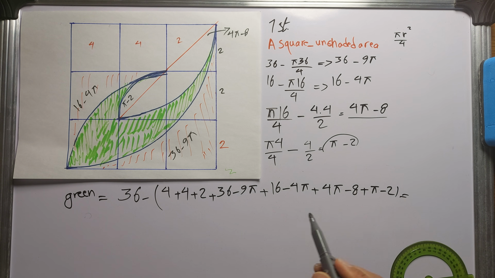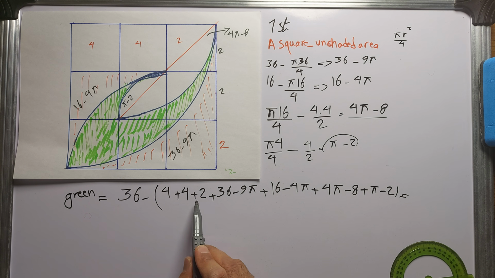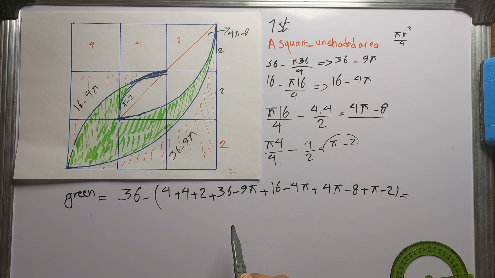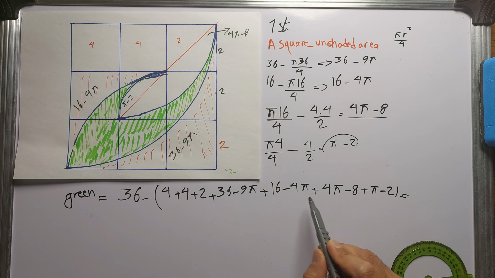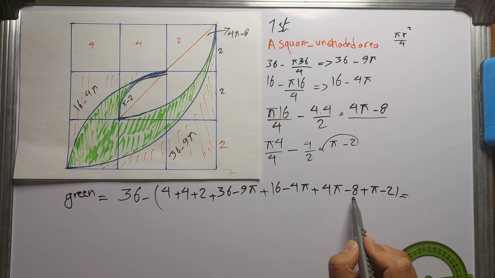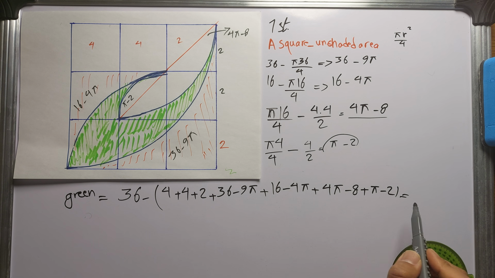So let's just add them together. So it's going to be 10, this part, right? So 10 plus 36, 46, 56, 62, minus 10, that's going to be 52, I think.